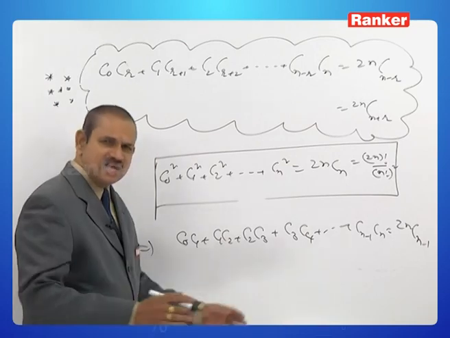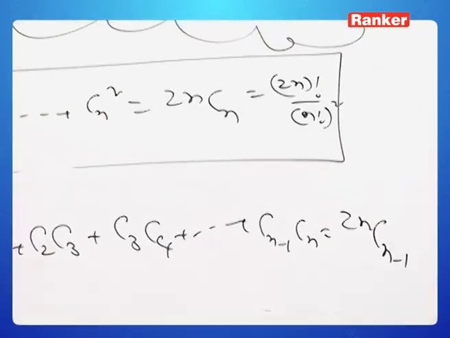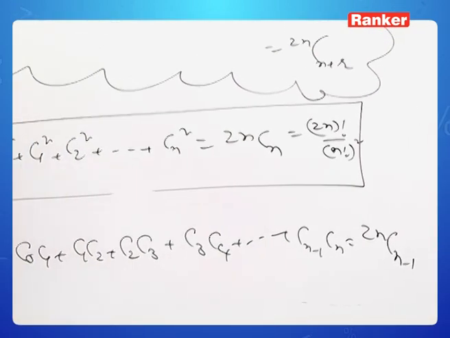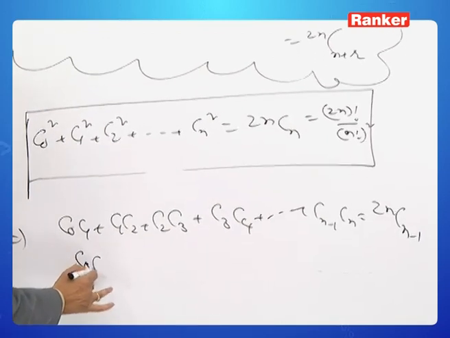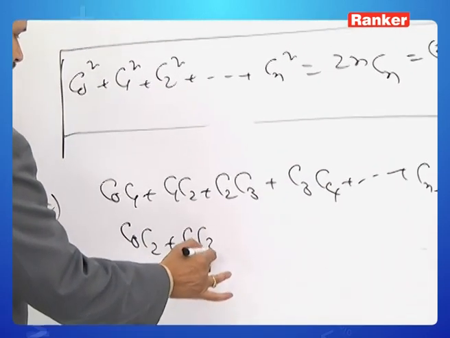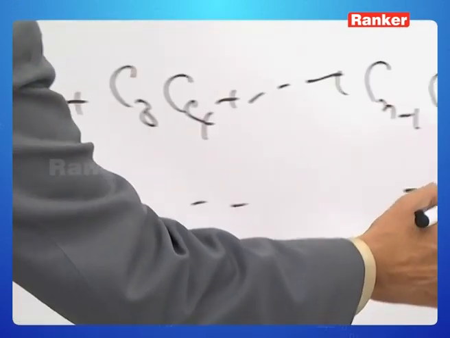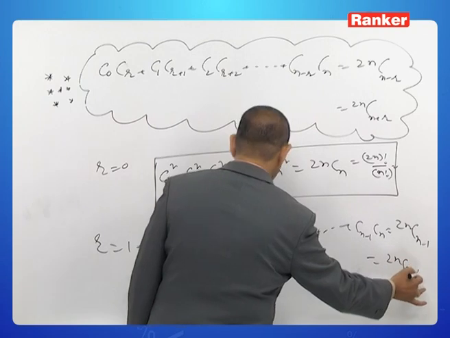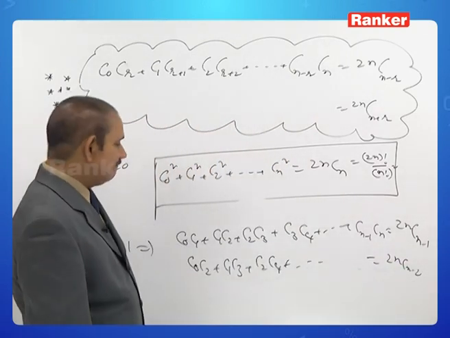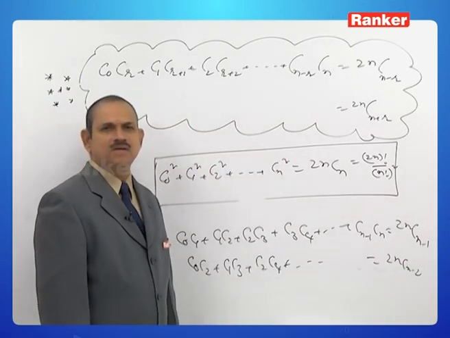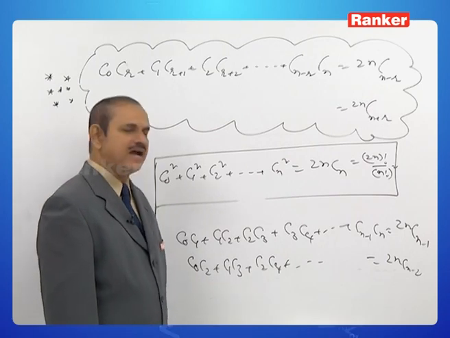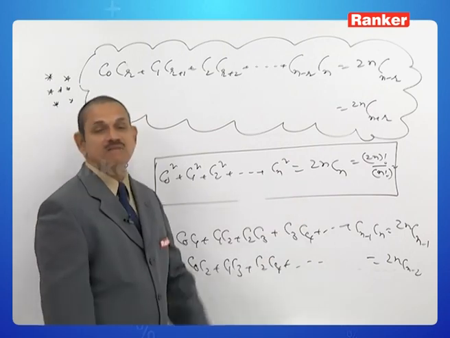Well done. Like that you can obtain as many results as you can. If you take R is equal to 2, C0 C2 plus C1 C3 plus C2 C4 and so on, etc. is equal to 2n Cn minus 2. And if you take R is equal to 3, one more result, C0 C3 plus C1 C4 plus C2 C5 and so on equal to 2n Cn minus 3.